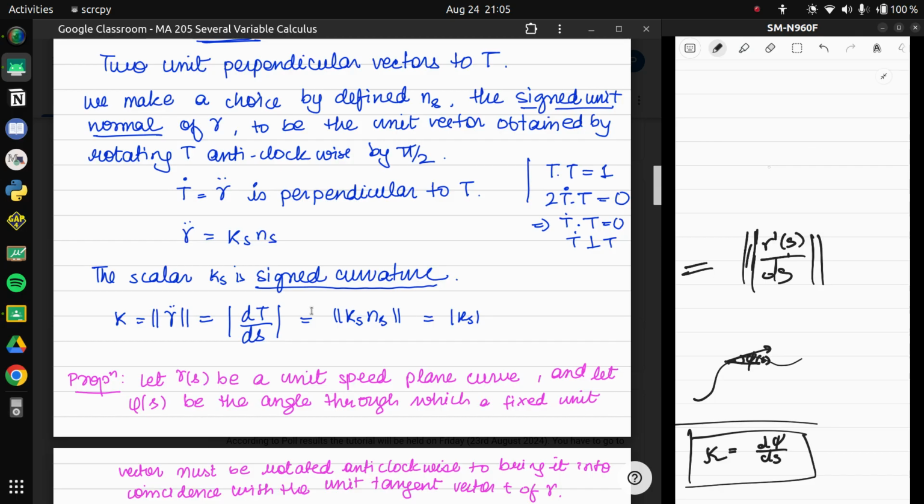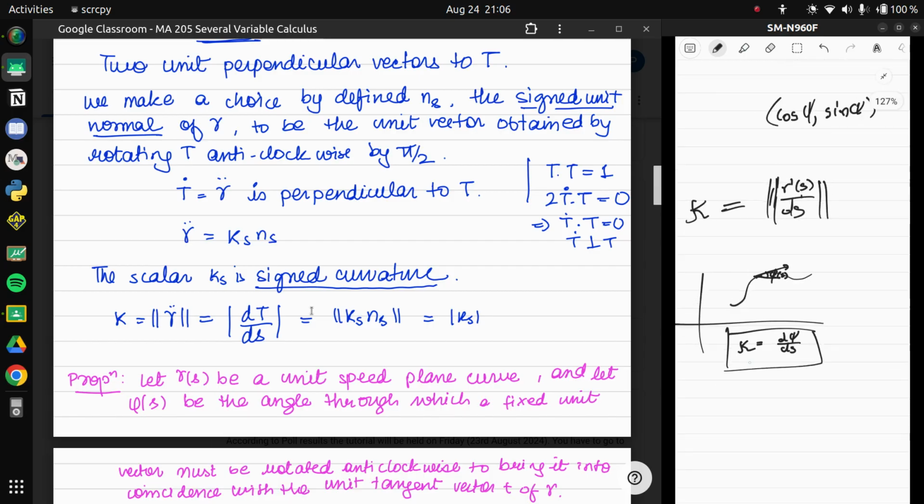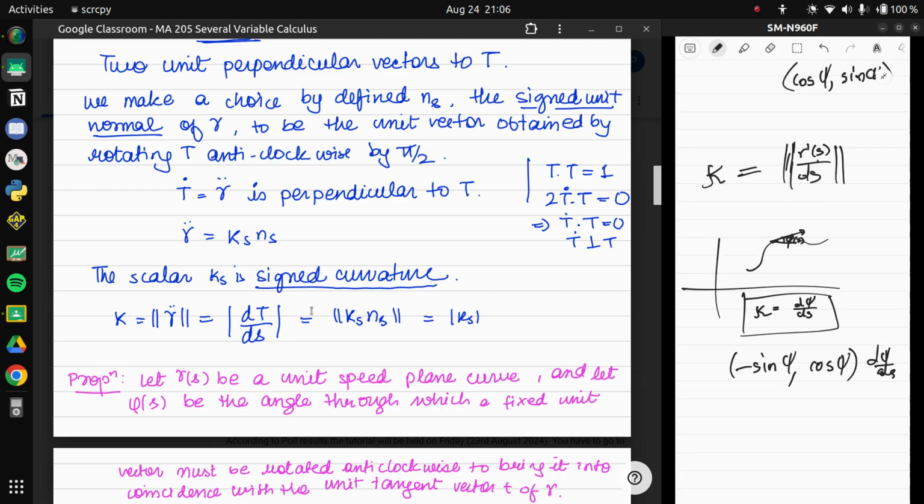It's cosine of psi comma sine of psi. Now the derivative of that would be negative sine of psi, cosine of psi, times d psi by ds, with respect to s. Now I just want the magnitude of that. Why did I write ds over there? It's supposed to be dr.